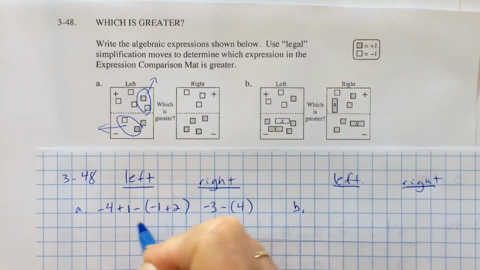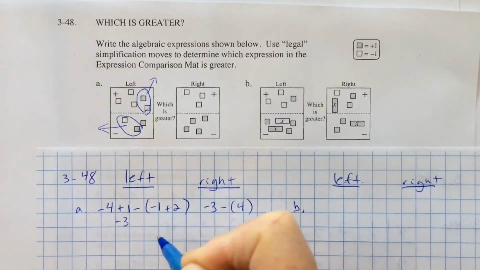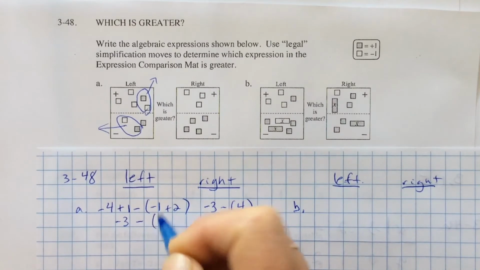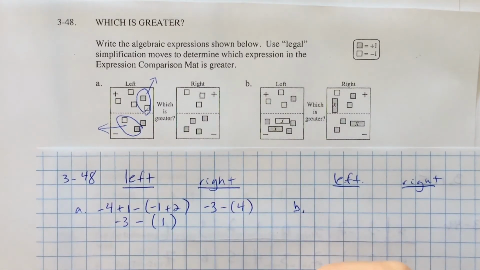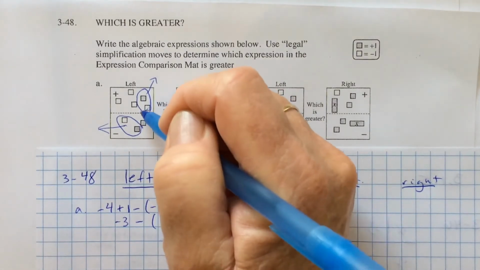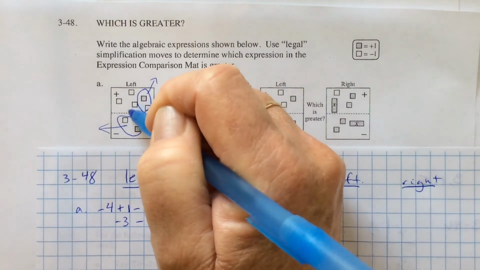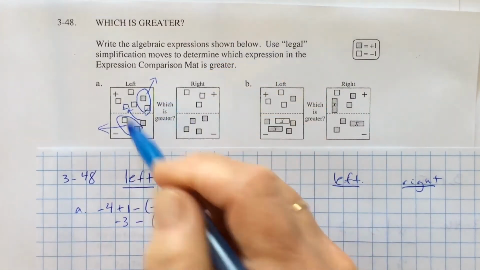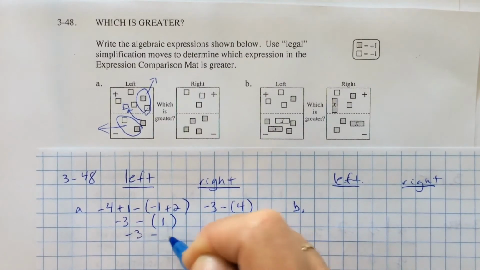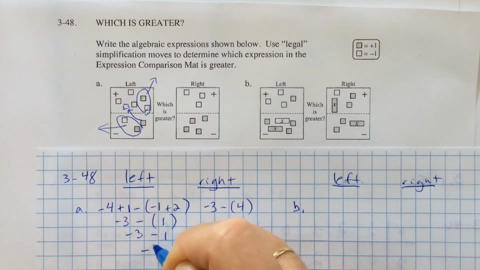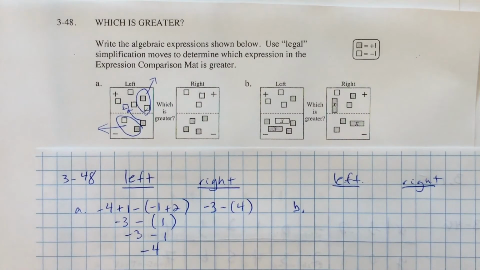So now what I have is just -3 minus, when I remove that, I just have a 1. Then I'm going to flip, and this tile will come up and become negative. So what I have is -3 and a -1, and that simplifies to a -4.